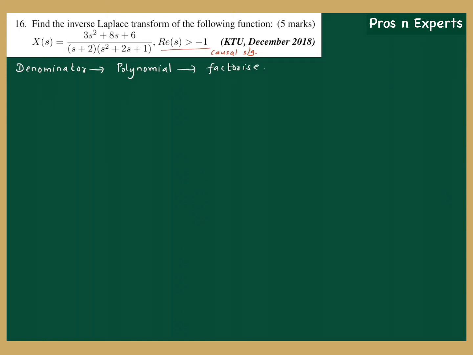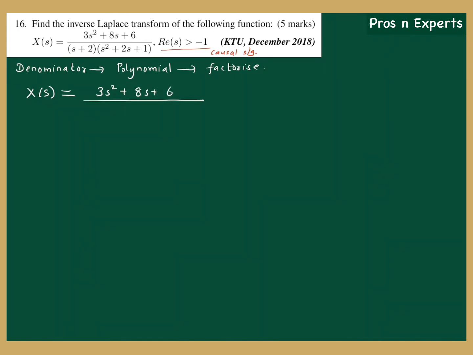So in this expression, x of s, what we have to find is the inverse Laplace transform. Making it a partial fraction is the simplest, easiest method to find the inverse Laplace transform. For that, the first option is finding the factors in the polynomial if possible. So I'm writing the numerator as such because that is not going to scare me anyway.